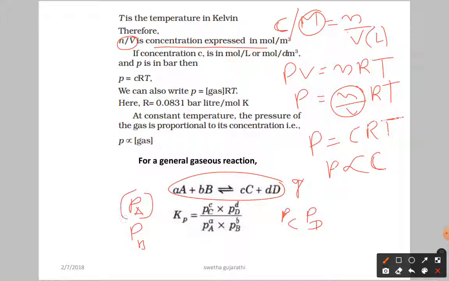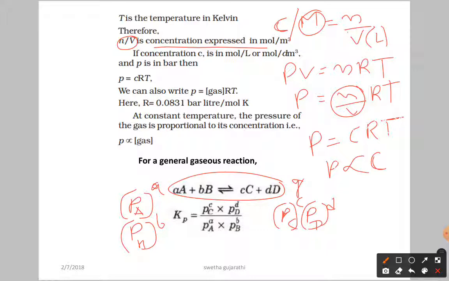So A is raised to small a, B to small b, C to small c, and D to small d.